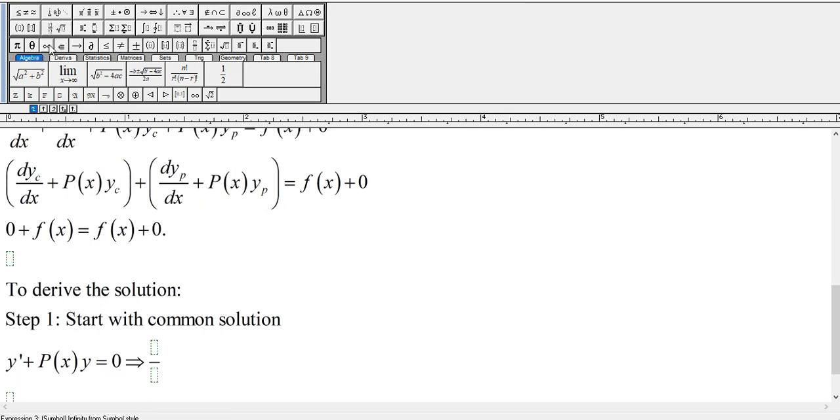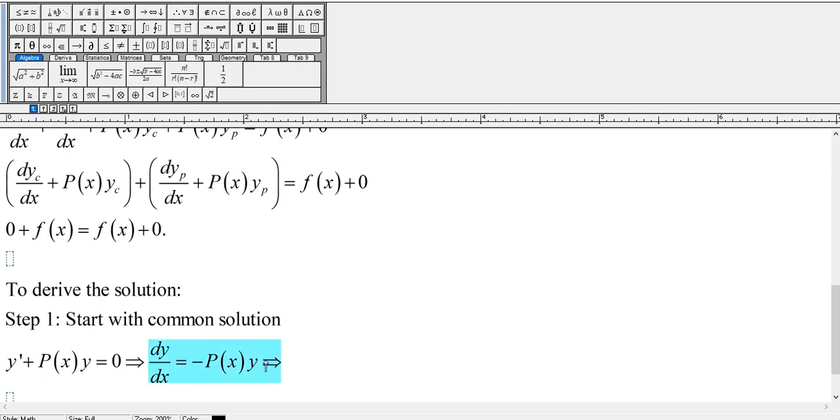Okay, so now we're able to rewrite this as dy dx, and we just did that other section, so this shouldn't be too bad, equals negative p of x times y. So what I did was I moved this over, I rewrote that. Now I should be able to divide the y over and move the dx over.